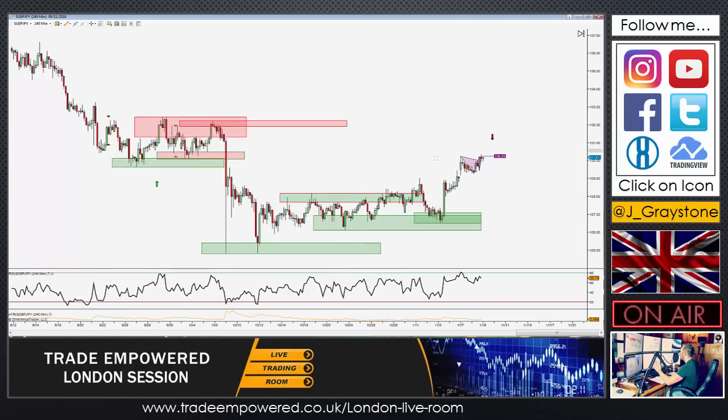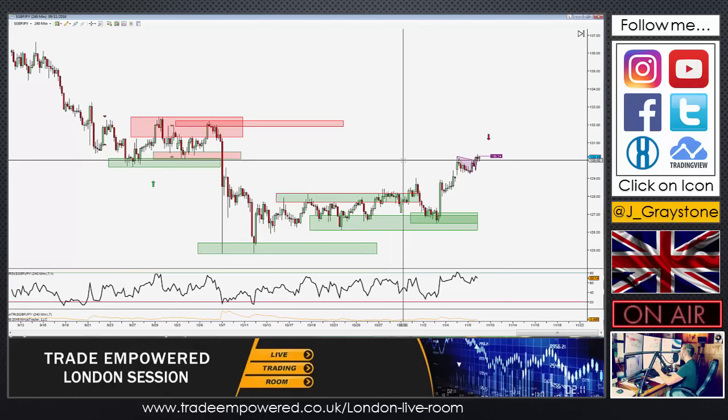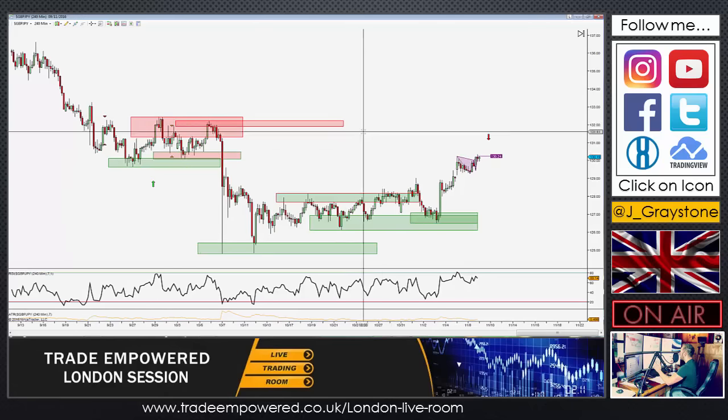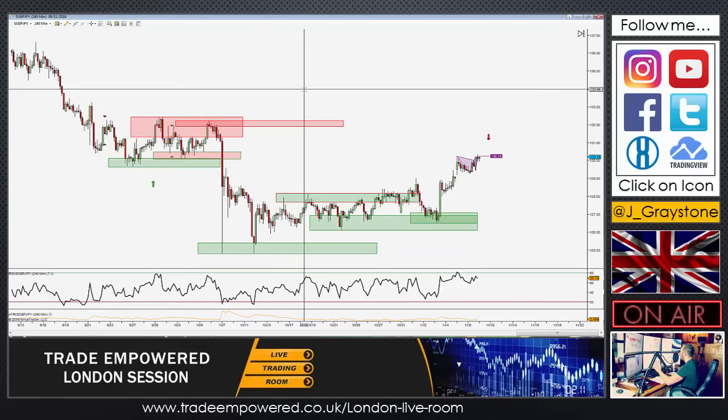So the trend continuation trades certainly don't come as frequent on this pair as other pairs, because I just can't get those entry rules met.